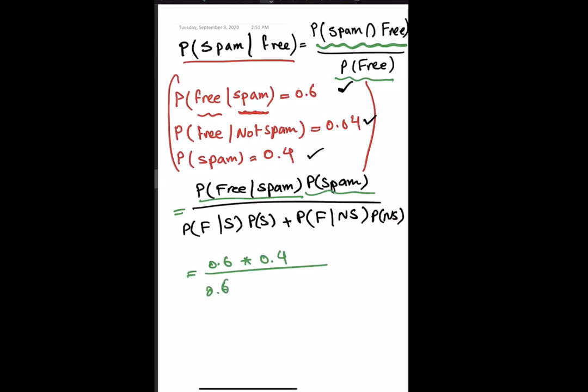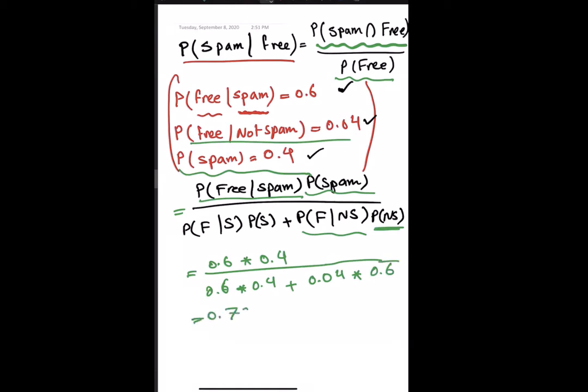The denominator also is the same as the first part. Plus the probability that the word free is there if it's not a spam? 0.04 times. And the probability of not a spam, if I know the probability of an email being spam is 0.4, then the probability of not a spam is the complement, and that is 0.6. And the answer is 0.79.